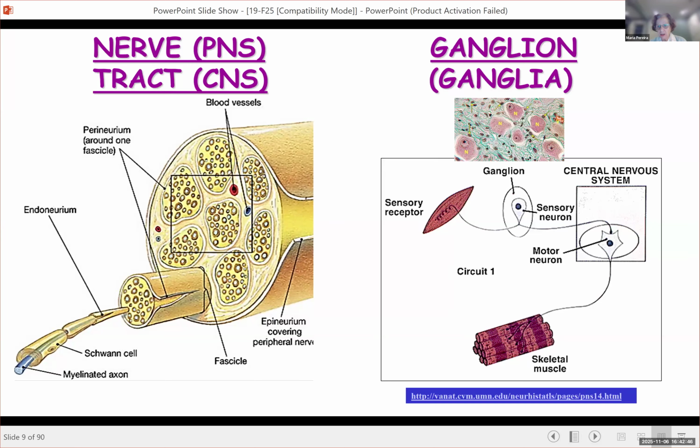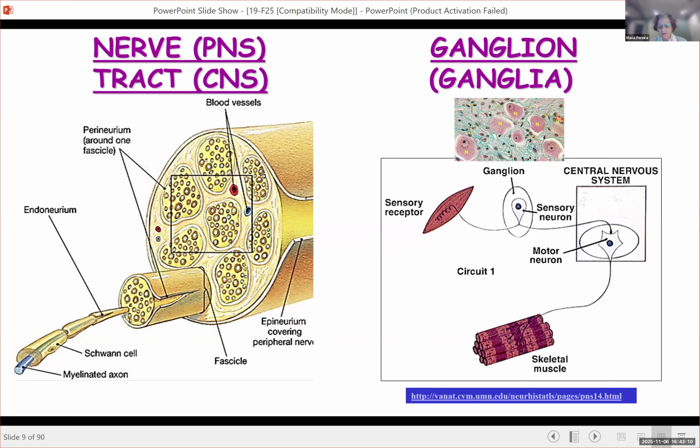Now here we have the ganglion, or ganglia for plural. So remember, this is the sensory neuron that has a cell body outside the CNS. And I was looking up what is the advantage of having the cell body outside the CNS of the sensory neurons.